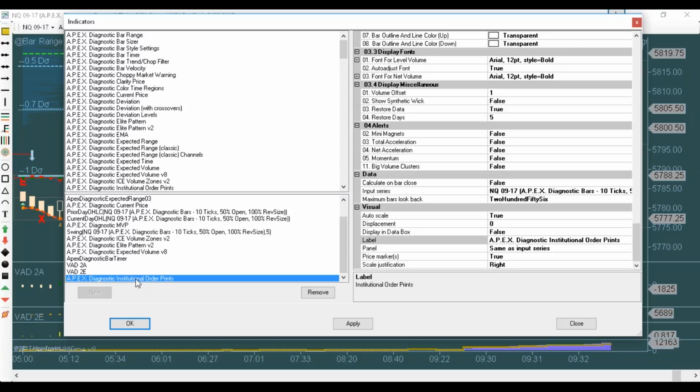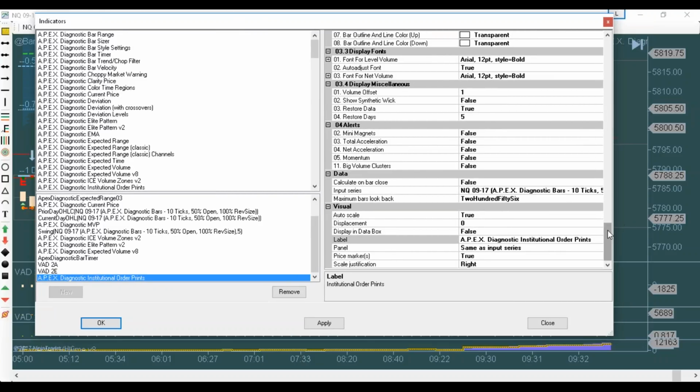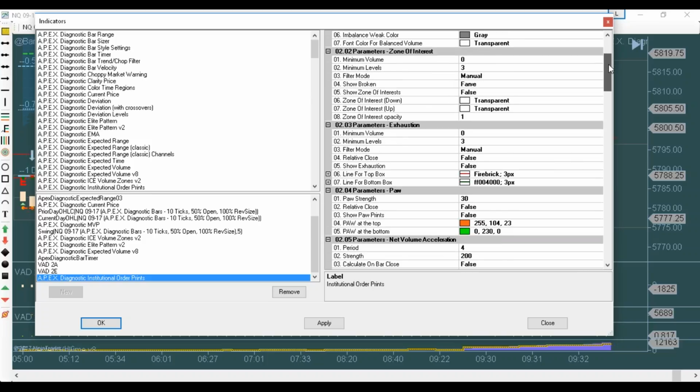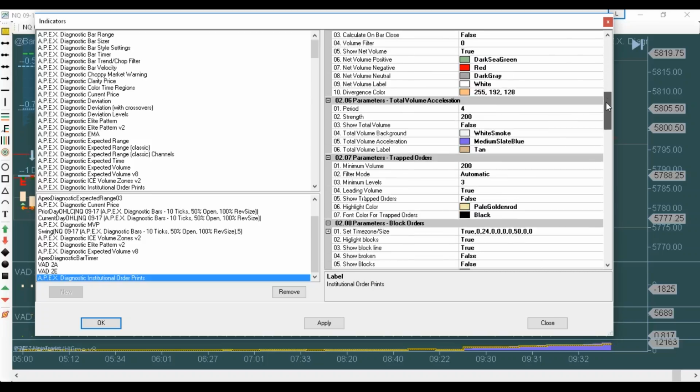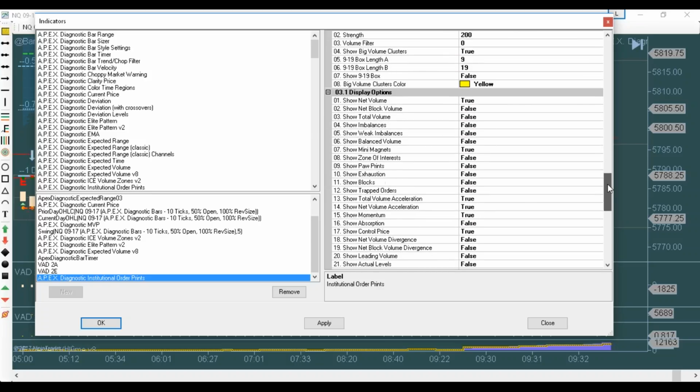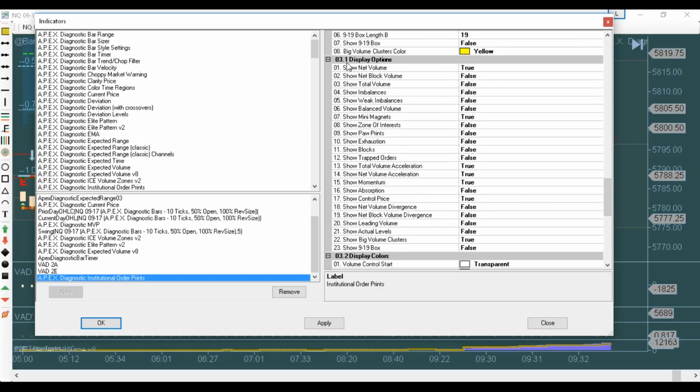Remember, absorption, stars, clusters, mini magnets, that's all part of OP, order prints. So you click that. Now, don't go through all here and get confused. Each little thing is broken down in colors and settings and all that. What you want to do is go right here to display options. It's O3 number 1 display options. You see that?